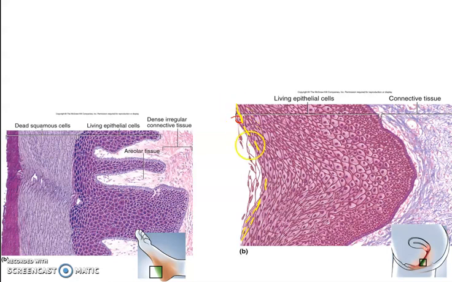So we can have living cells. And again, the top is flat. We have these cube-shaped cells down here. Or, in the case on this side, we have dead cells. Dead cells on the top. So there's two flavors. We have ones where you have living cells at the apex. You have ones where you have dead cells at the apex.